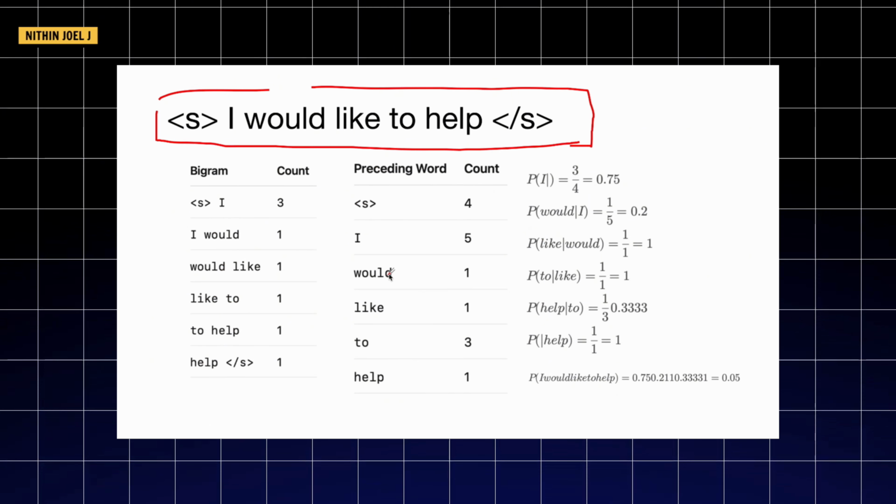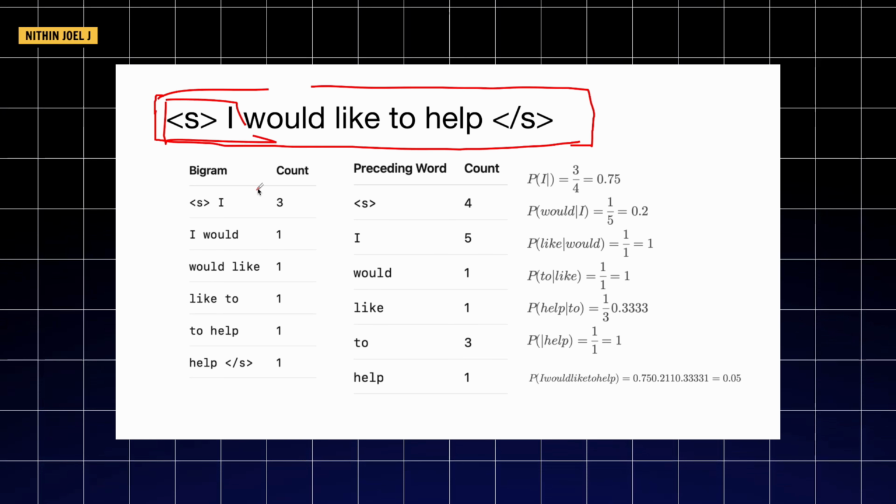Now, our targeted sentence is <s> I would like to help </s>. To find the bigram probability for this, we have to pick two words recursively for checking the bigrams. A unigram is a single word and a bigram is two words, you can say.